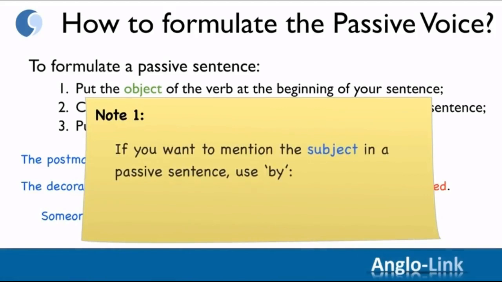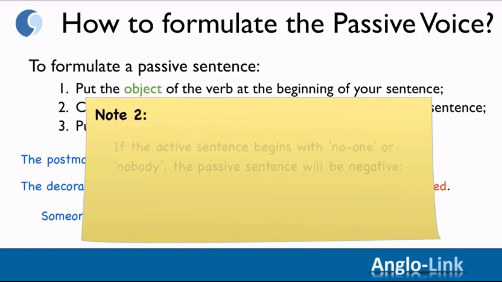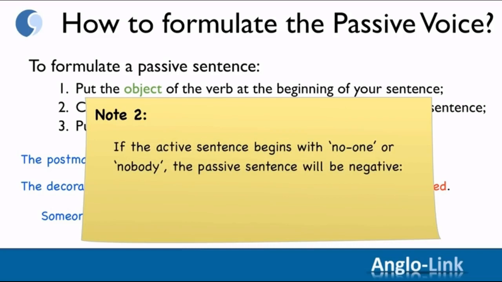A few notes. First note, if you want to mention the subject in a passive sentence, use by. My room is being painted by the decorator. Note 2. If the active sentence begins with no one or nobody, the passive sentence will be negative. For example, no one turned on the light.